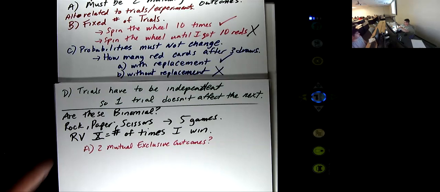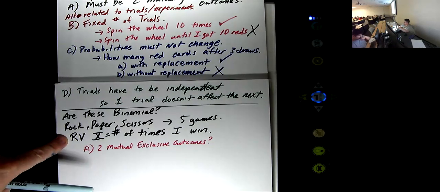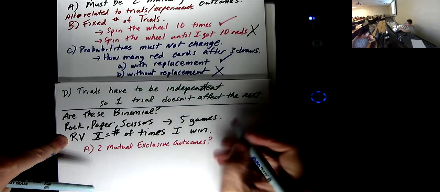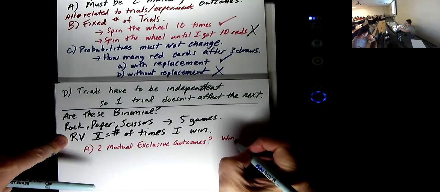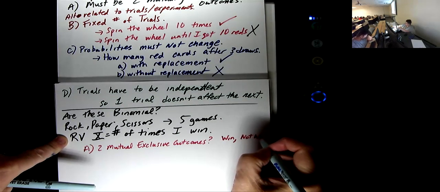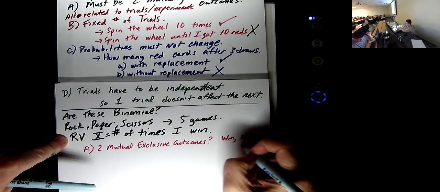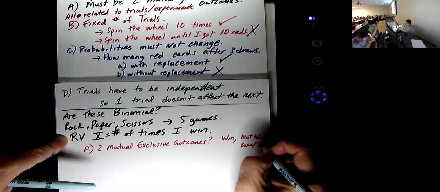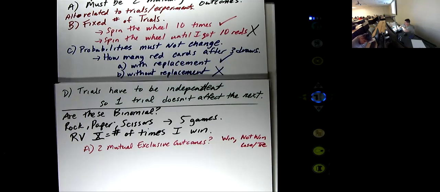But if the category is number of times I win, then my outcomes are win and not win. So not win would be lose or tie. So yes, that's met.